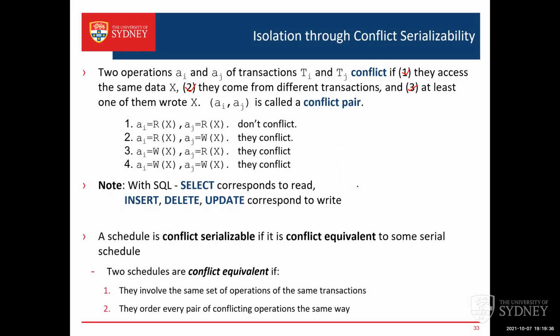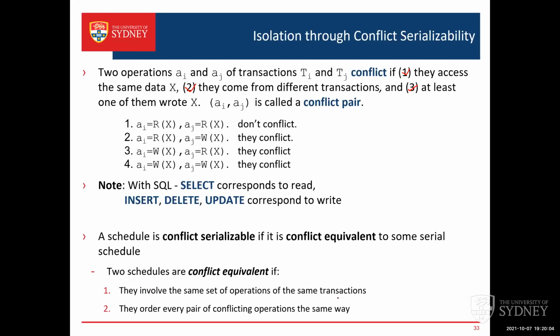But before moving there, once we figure out the conflict, we want to figure out conflict serializability. What does that mean? Conflict serializable means there is some conflict, that's fine. We'll allow the conflict, but it is still serializable. Conflict equivalent means they involve the same set of operations on the same transactions.